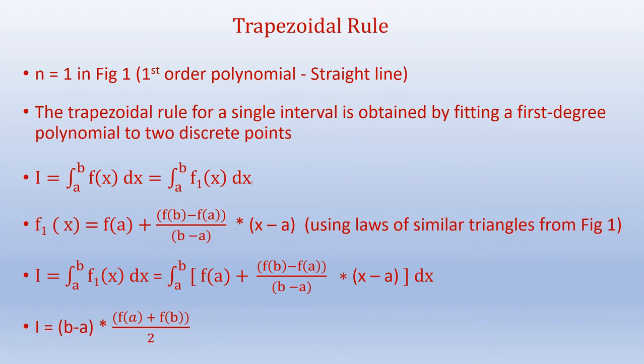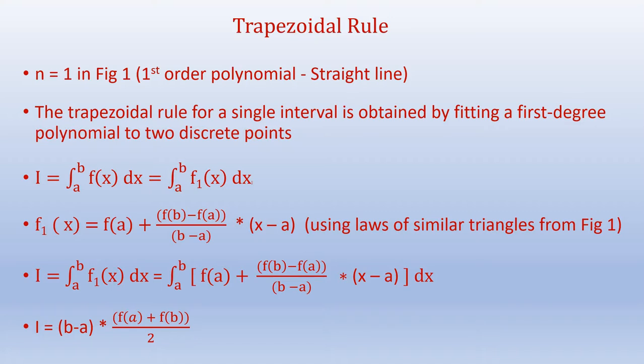And f1 of x equals f of a plus f of b minus f of a divided by b minus a times x minus a, where x is any point between a and b. This relationship is obtained using the laws of similar triangles from figure 1.